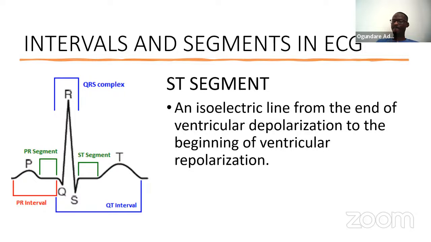Then we can diagnose pericarditis, especially when it comes with PR depression. Remember I told us the other time. So a combination of PR depression and widespread ST elevation is a diagnosis of pericarditis.